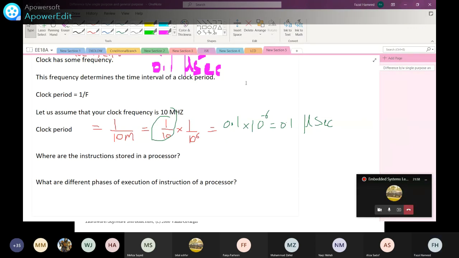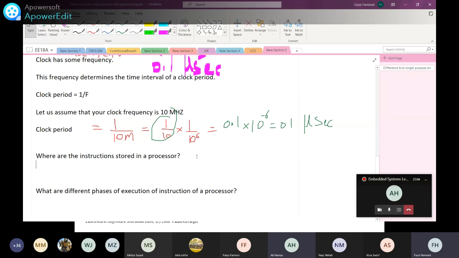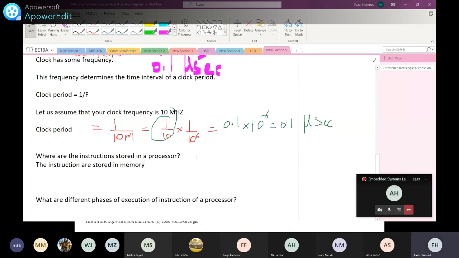Memory and register. Register. Memory. No, memory. The instructions are stored in memory.